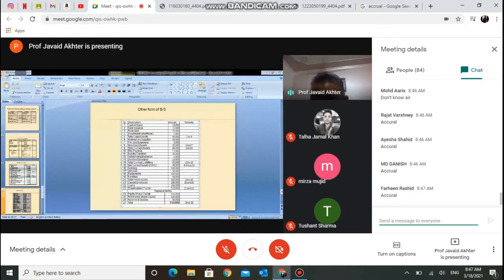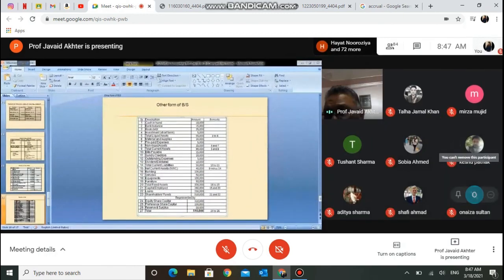Let me explain now. When you record a transaction, it is always recorded following certain conventions, certain principles. You won't record it just for the sake of recording.